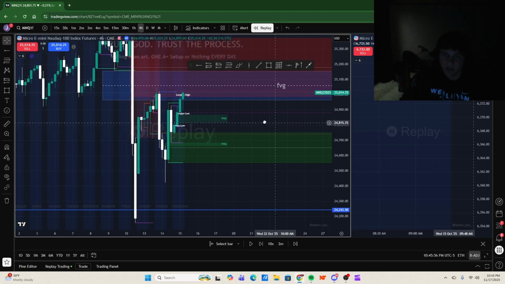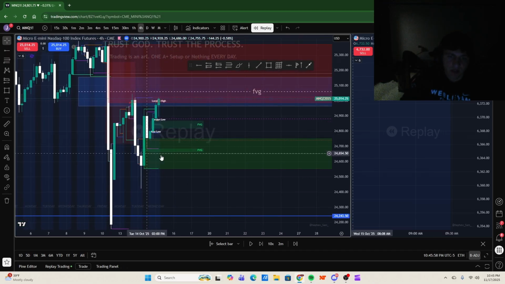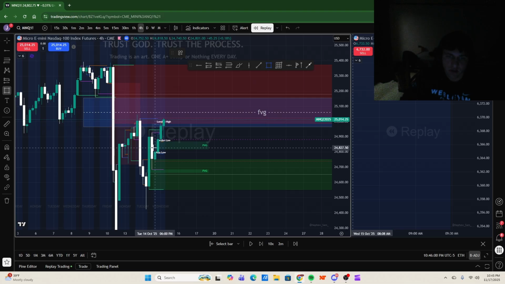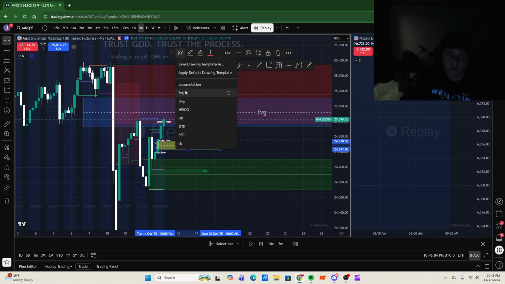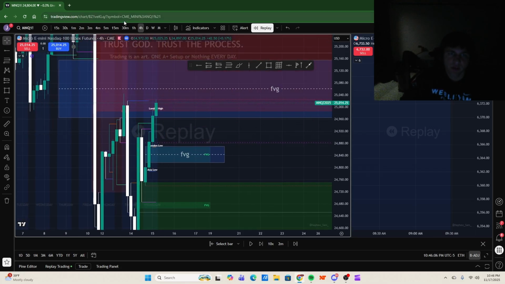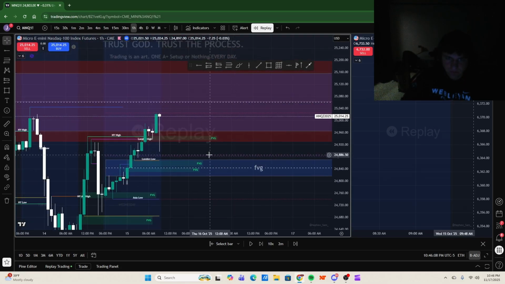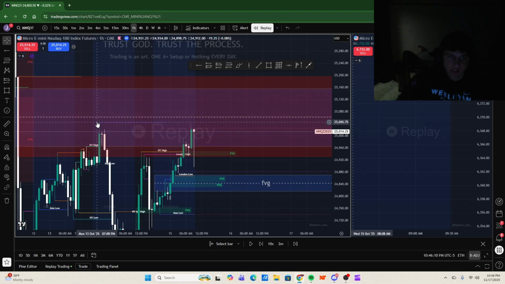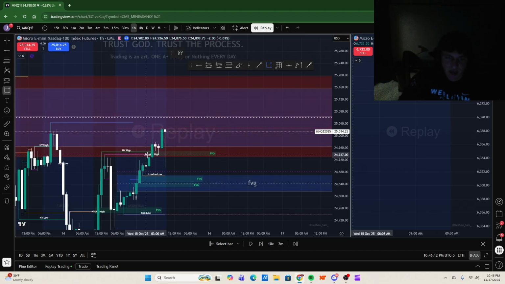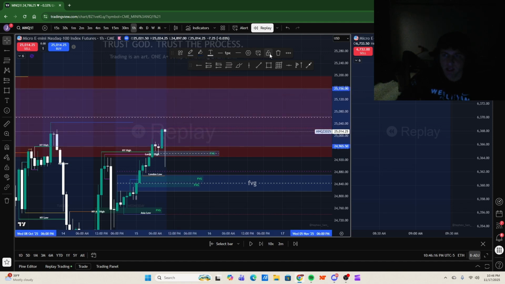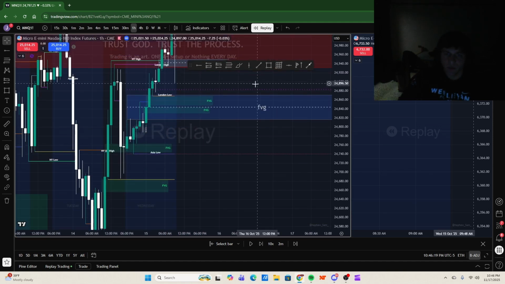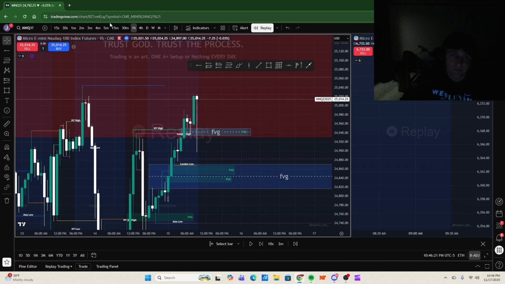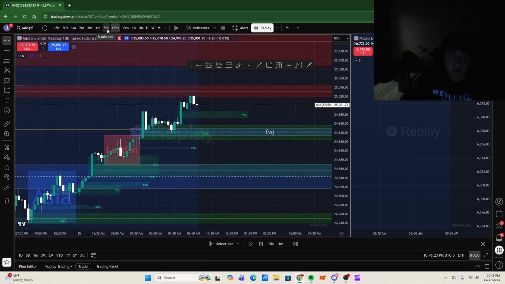We are reacting well off this 4-hour order block and making moves higher, including putting in this 4-hour fair value gap, which usually means we have very good bullish momentum, right? We have these highs, we have this hourly gap. So I'd say we're pretty bullish, even though we're trading into this daily gap. Yeah, that's about all I got to say.